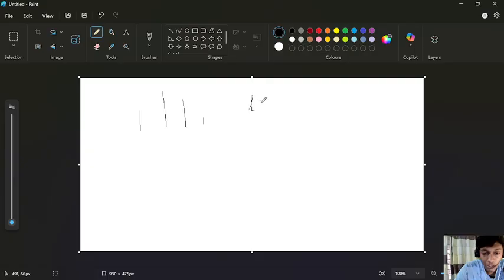One is the left pointer, and the other is the right pointer. The left pointer will be at the leftmost index, and the right pointer will be at the rightmost index. This is the right pointer.